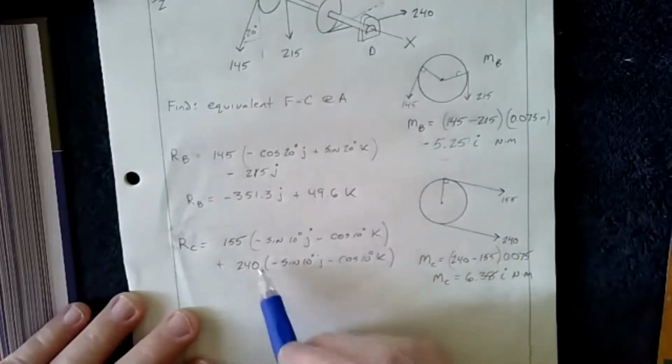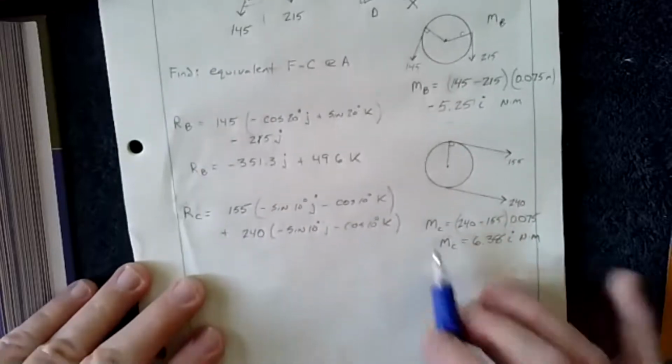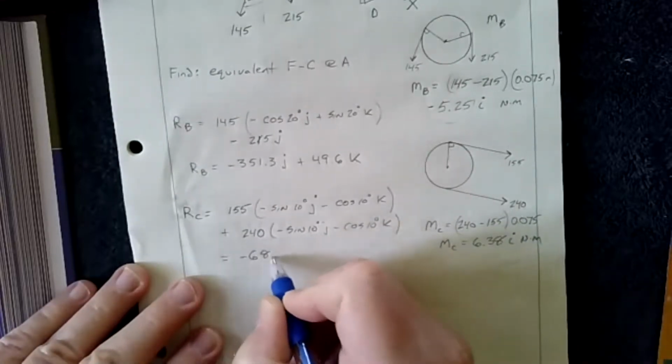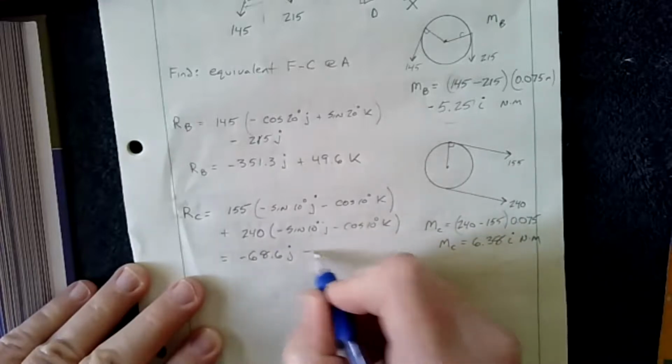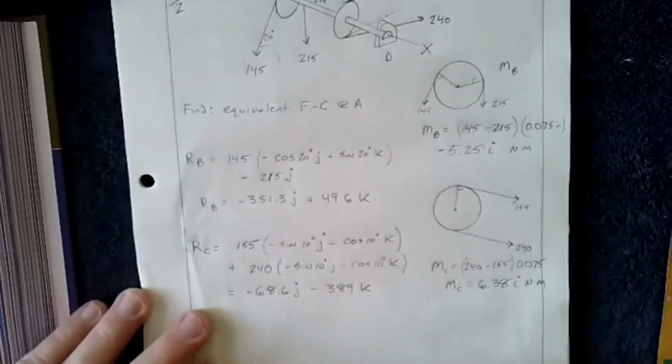As you can see, it might have been easier to add these two together beforehand. So we end up with negative 68.6 j minus 389 k. So that's my reaction C.